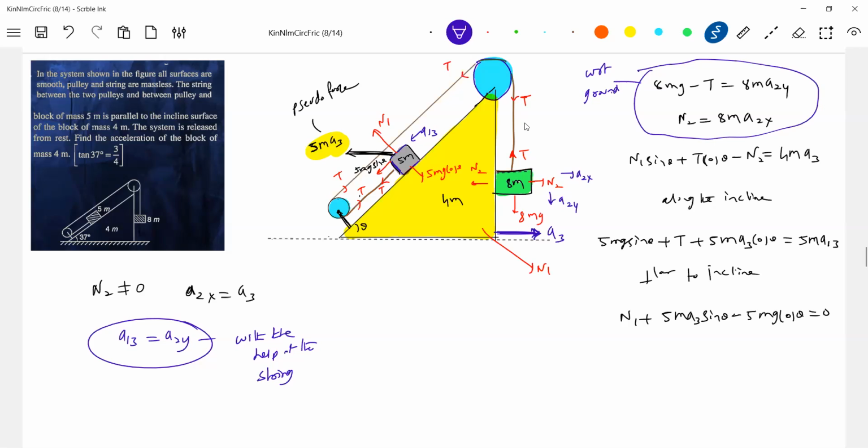Okay, now let's count how many unknowns there are: T, N2, 1, 2, 3, 4, 5. Can we solve? A2y is equal to, in fact, A13, no?